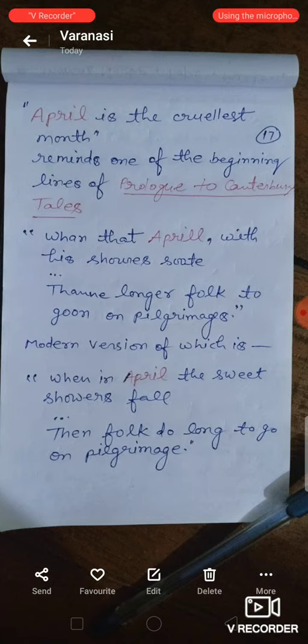Why has April, which was the month of pilgrimage, now become the cruelest month? Because now spirituality is lost. The people are more concerned with materialistic approaches. They don't bother preparing themselves to go on some pilgrimage.